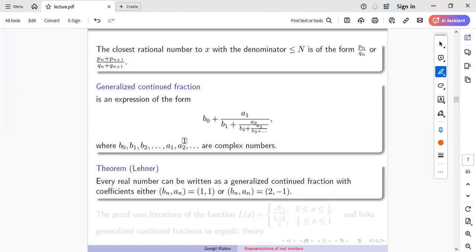In 1994, Lerner proved that every real number can be written as a generalized continued fraction, but with the coefficients only of two types, either bn, an equal to 1, 1, or bn, an equal to 2, minus 1, which is a somewhat unexpected result.